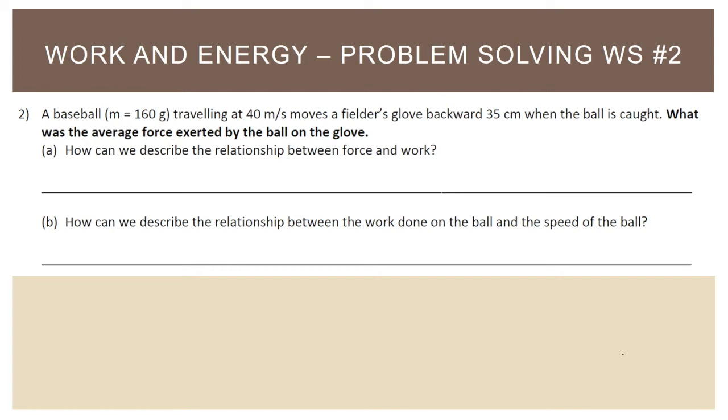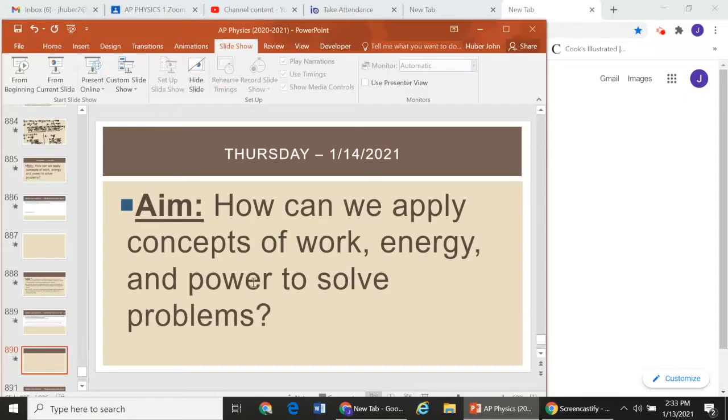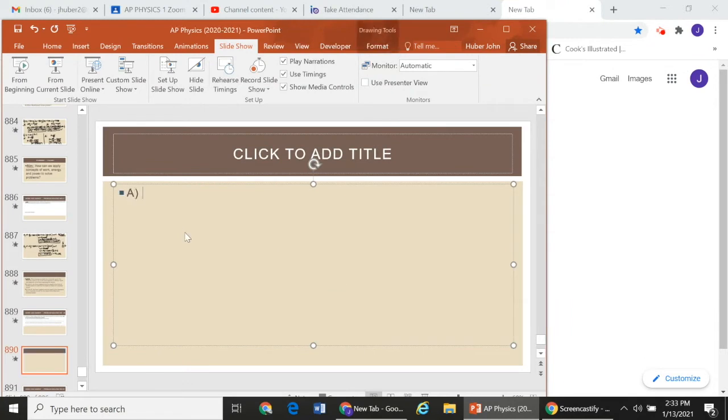And the AP course, of course, as we've mentioned many times, is really all about the bigger picture involved in these situations. So part A is asking us how can we describe the relationship between force and work, and part B is asking us how we can describe the relationship between work done on the ball and the speed of the ball.